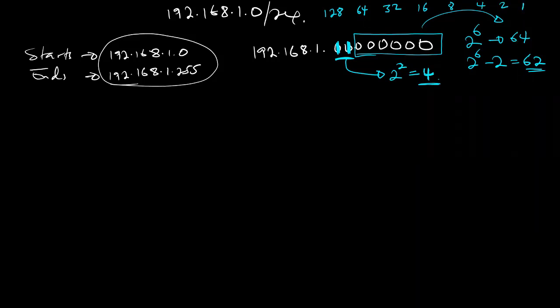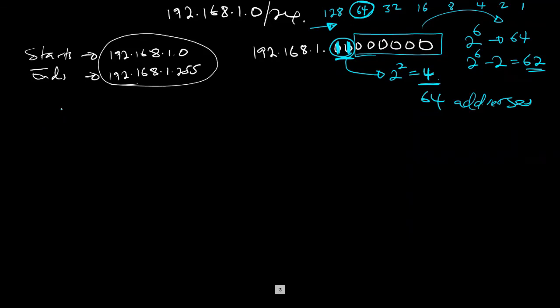When we borrowed 2, moving from this side, where did we stop? On 64. So each of these networks will have 64 addresses. You love the magic, right? I'm sure some of you are falling in love with this magic. So each of them will have 64 addresses. As simple as that. So we have created 4 networks.